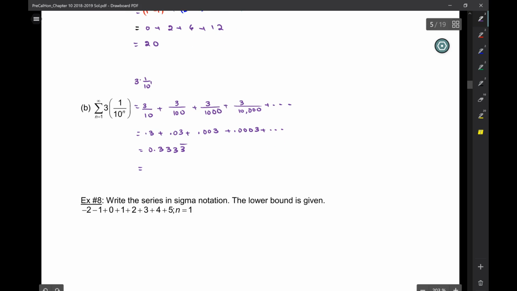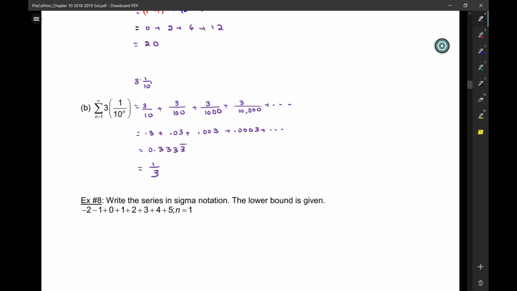So this is really 1/3. That bar is good in middle school, as a way to express a repeating decimal. But really what it is, it's a fraction, right? So 1/3.